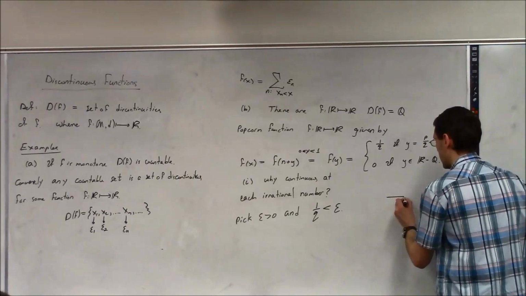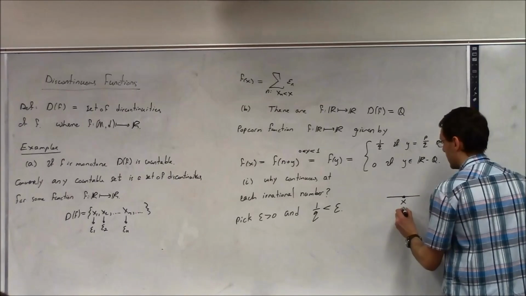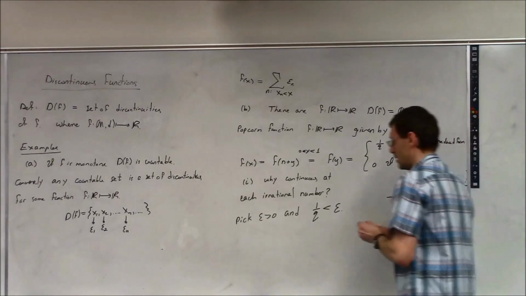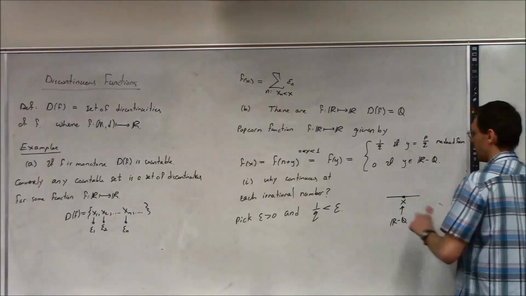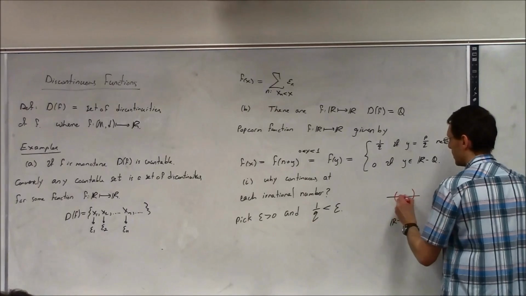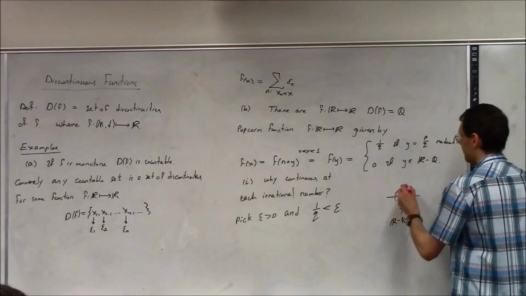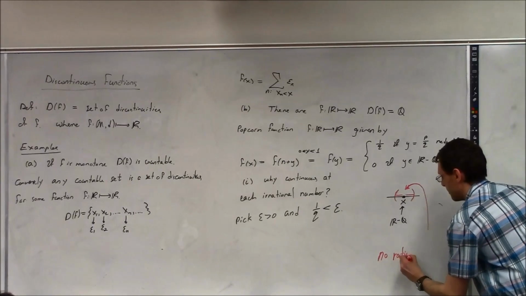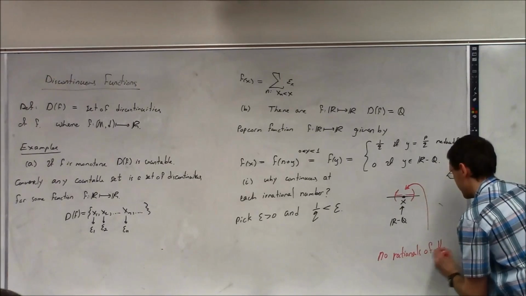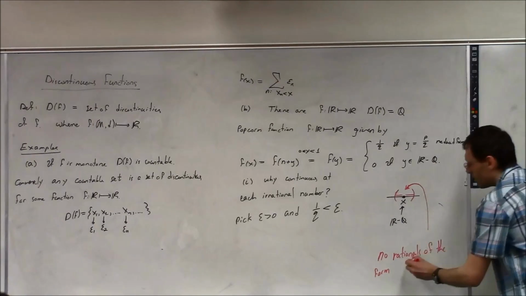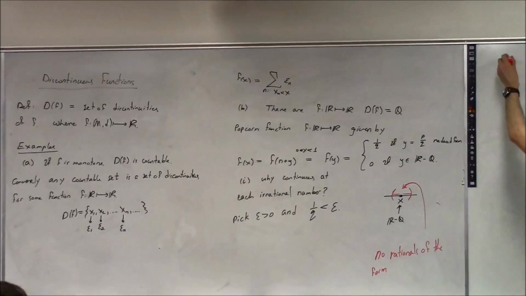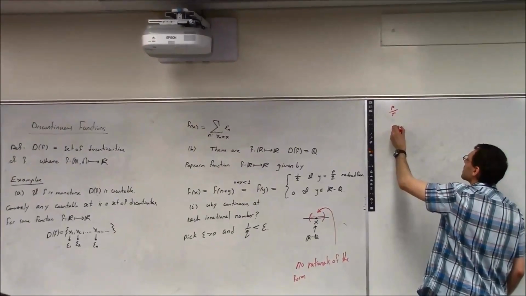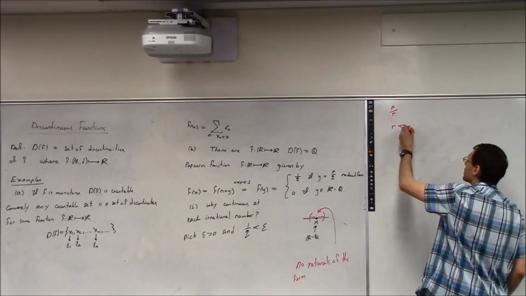Then what you will do is, if I have this x, which is an irrational number, so x is in R minus Q, then I can select a thin enough interval so that in this thin interval no rationals of the form p over r, where r is smaller than q.